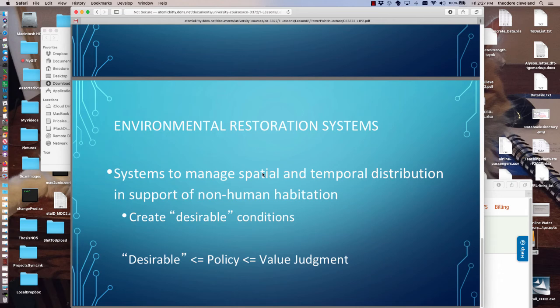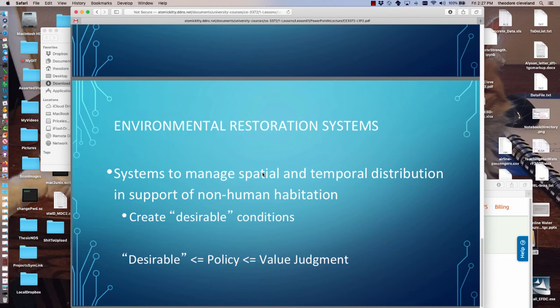If you read Mays's book and some others, you probably will conclude that restoration systems are systems that are designed to manage the spatial and temporal distribution of water in support of non-human habitation. And the goal is to create desirable conditions for some species or some category of species.